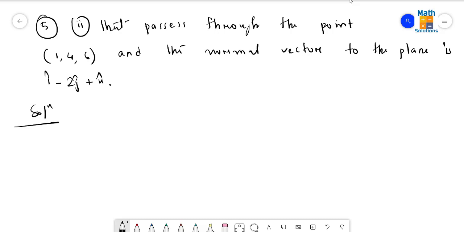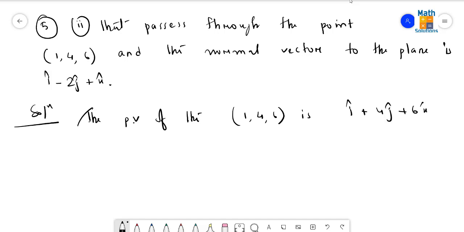So coming to the solution part, here in this case, what do I have? The position vector of the point 1, 4, 6 is i cap plus 4j cap plus 6k cap. Again in this case, actually the normal vector to the plane is given.